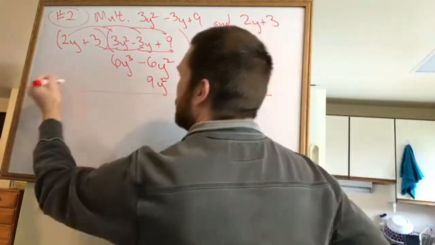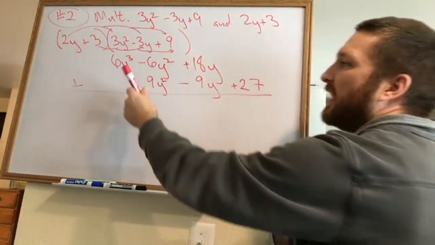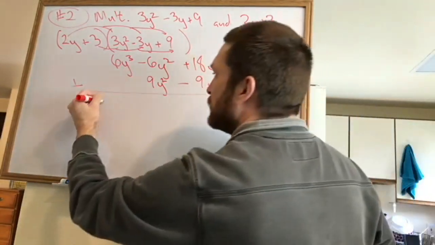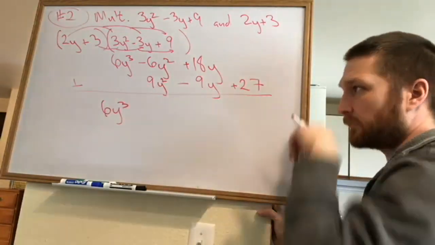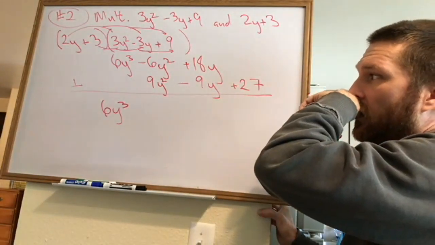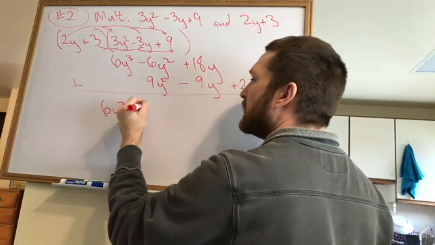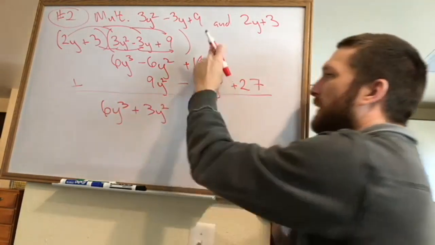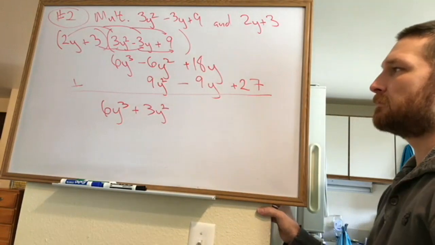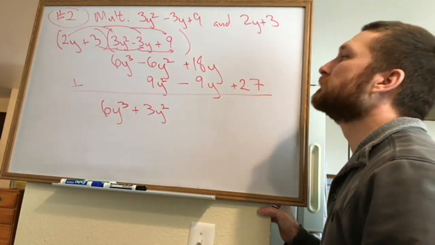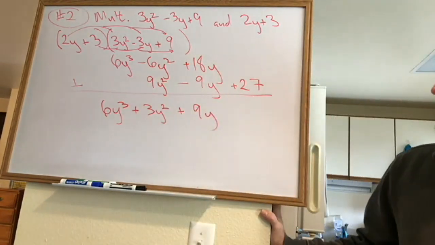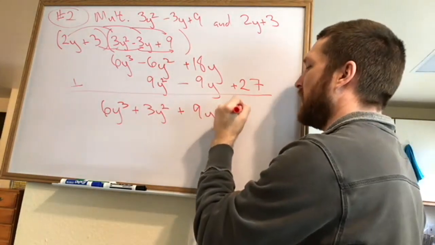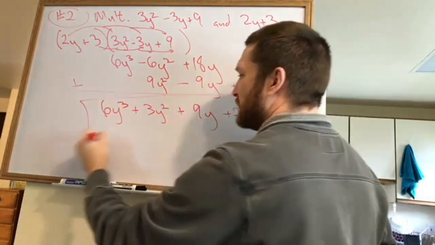Now I'm going to add them all together. 6y cubed is just 6y cubed. Now what do I get here? Plus 3y squared. What about here? 9y. And 27, and that is the answer.